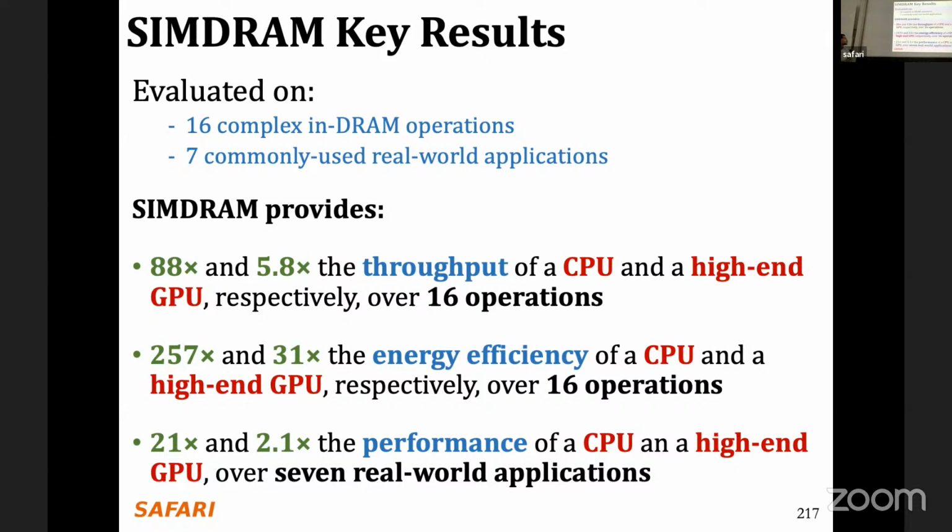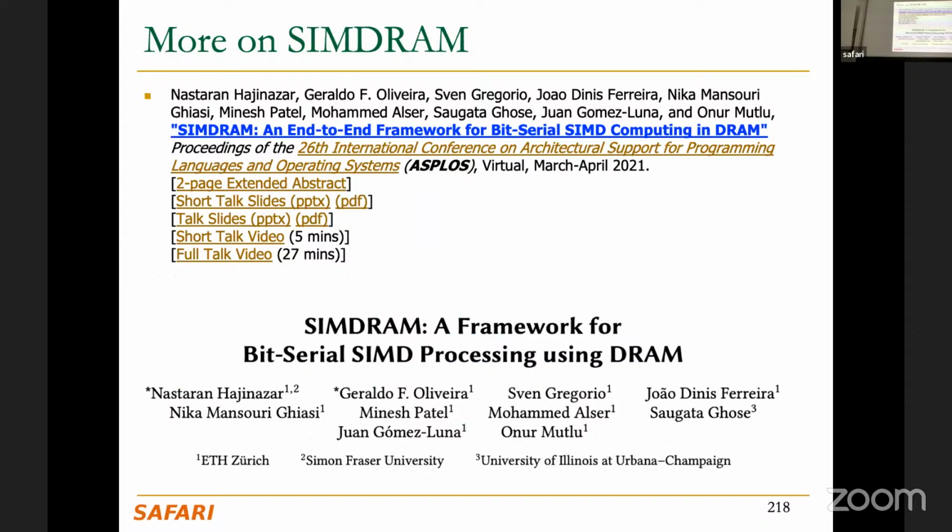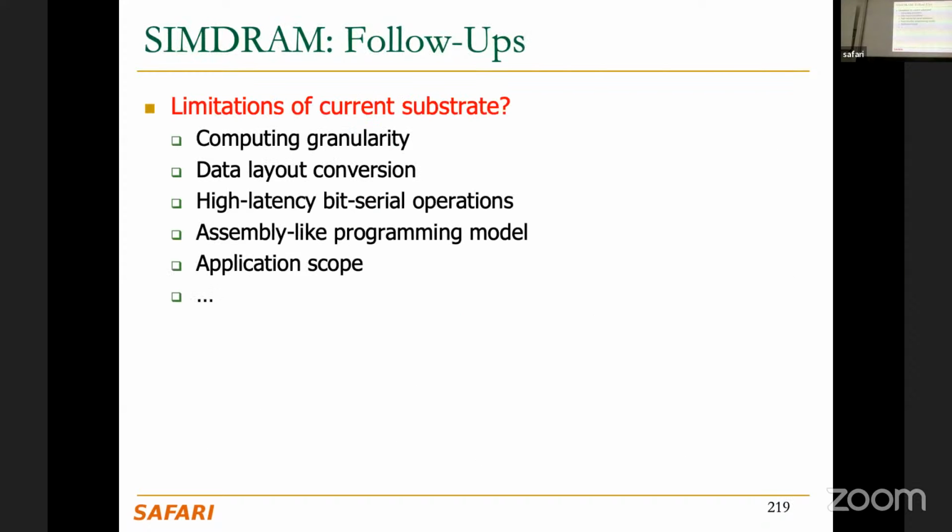And then we take those 16 different primitives and use them to accelerate 7 real-world applications. And we see that by doing so, we can significantly improve energy efficiency and performance compared to a CPU and a GPU. And all of this is in the SIMDRAM paper.